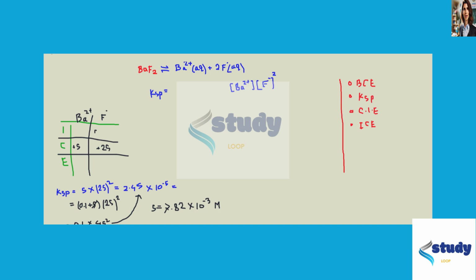So we will put the initial concentration of fluoride here, that is 0.15, and for barium it is 0. So at equilibrium it will be S, and here it will be 0.15 plus 2S. So we are adding these two rows.